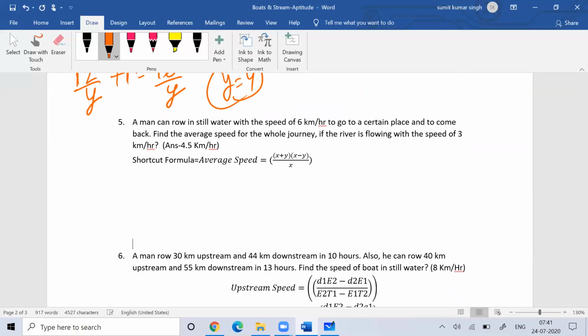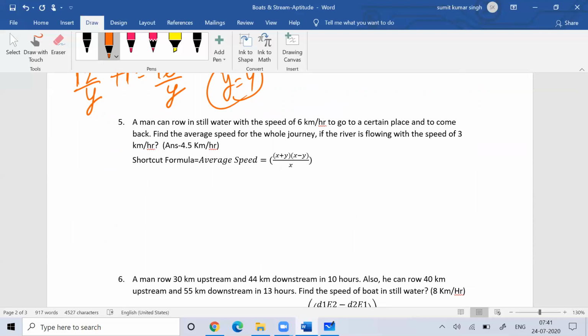Next question. A man can row in still water at 6 kilometers per hour to go a certain place and come back. The speed of the stream is 3 kilometers per hour. Find the average speed of the whole journey. If you're going and coming back, you are covering the distance both downstream and upstream.